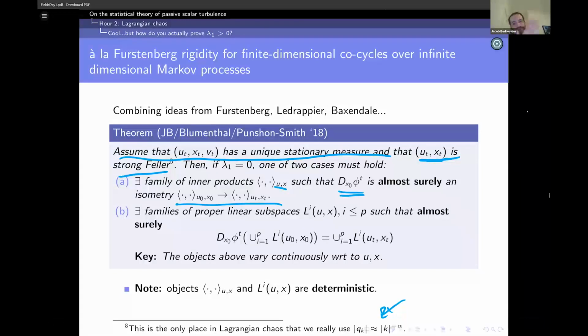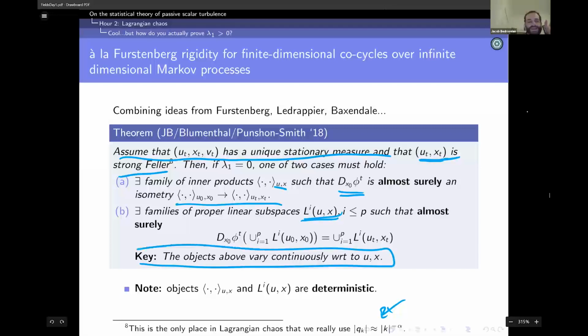Okay, so it's much more complicated. Or you have, continuously, and it's very important that these inner products and these lines vary continuously, a set of inner products or a set of lines, which depends on U, X, such that DX, the gradient of the map, deterministically maps these lines to each other.